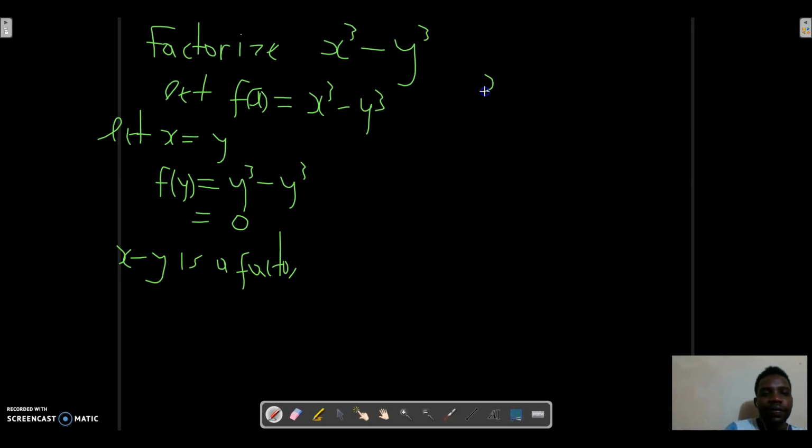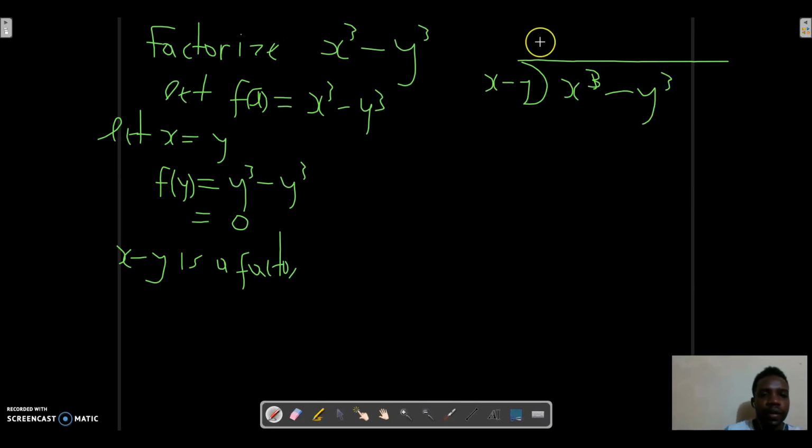So I'm going to have x minus y into x cubed minus y cubed. So we say x into x cubed would be x squared. X squared times all this would give me x cubed minus x squared y. And then we subtract.